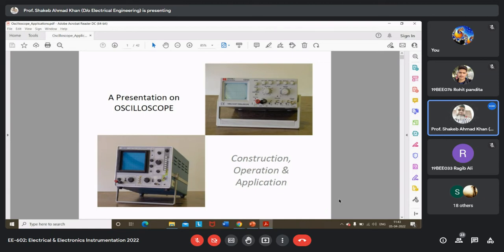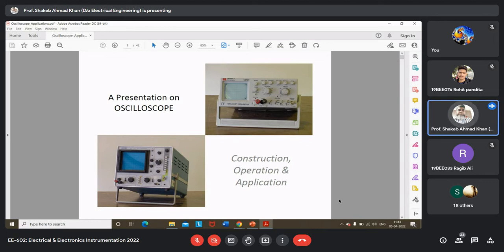You understand what I'm saying? The oscilloscope can display faithfully, and stable display is possible only for a time varying signal when it is periodic in nature.